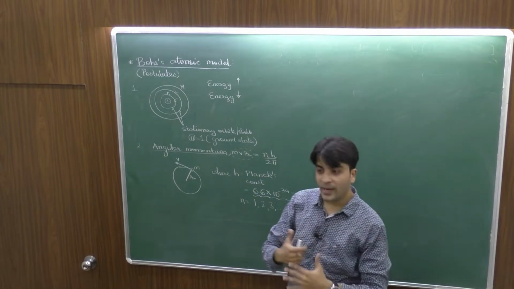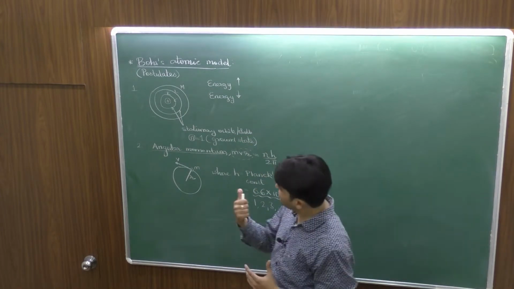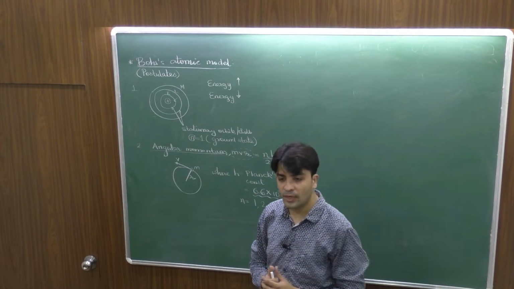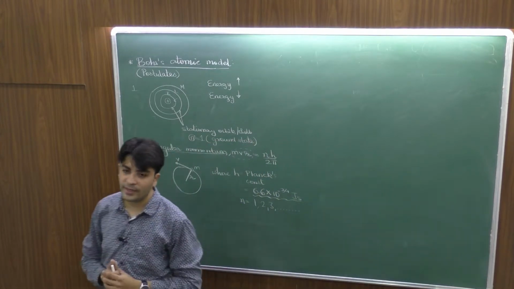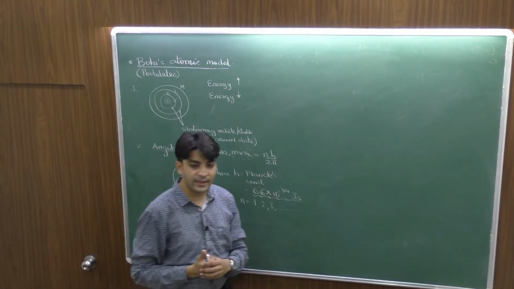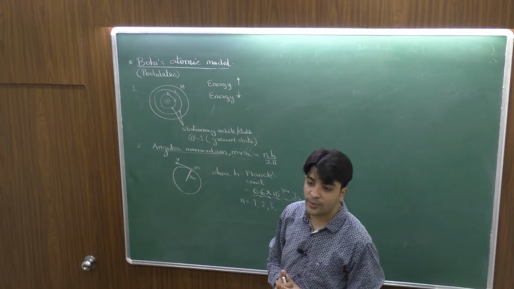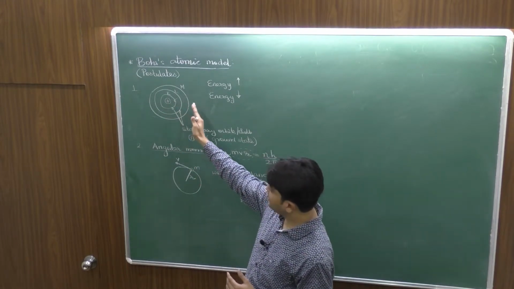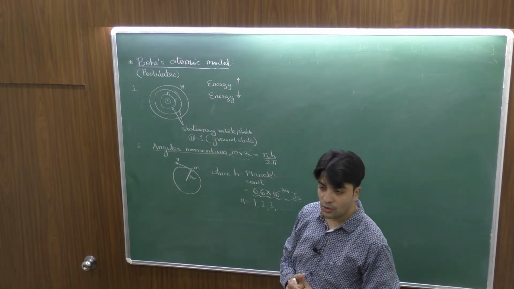Meaning, if we supply energy to the electron, can it remain in that particular orbit now? No, because Bohr said that as long as the electron stays in a fixed orbit, its energy is going to be constant. But now if I supply energy, the energy of the electron is going to be increased. And I also stated that the energy of the electron increases away from the nucleus.